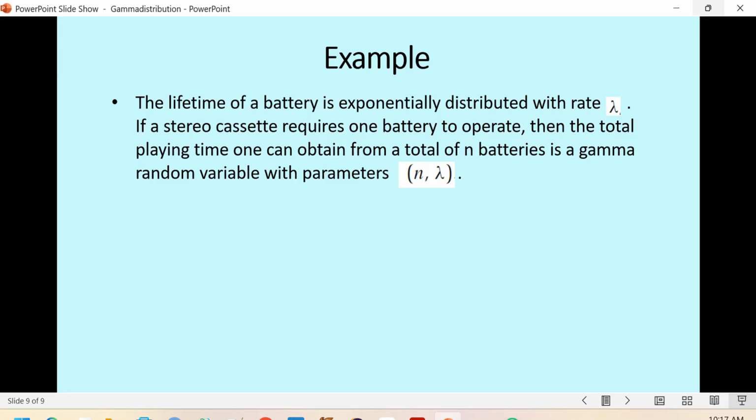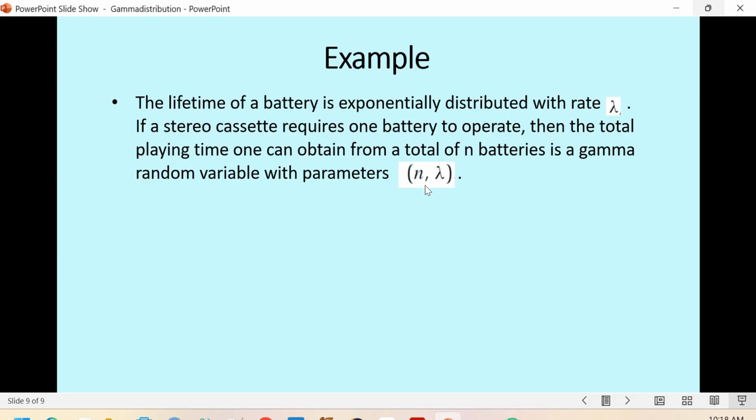Because one battery follows an exponential distribution with rate lambda, the summation of these n random variables will follow parameters n and lambda, because each has alpha 1.